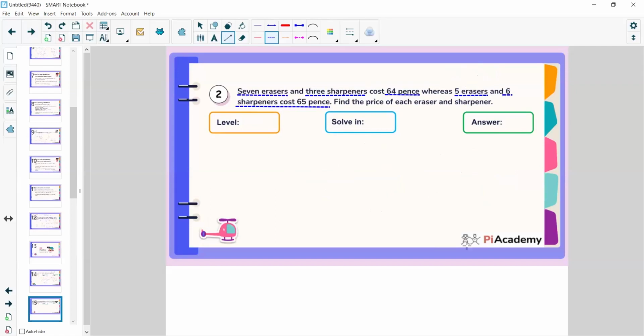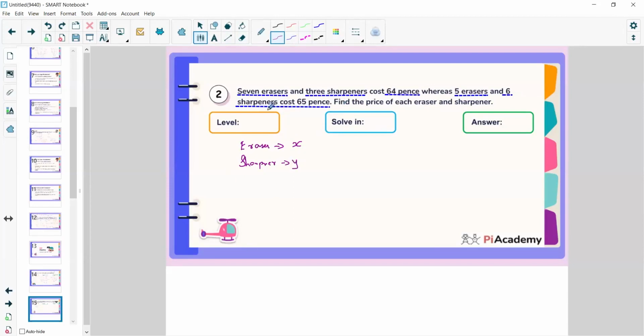Is this an algebraic problem? Yeah, this is an algebraic word problem. And what is given? We don't know two things. So what can be done? Let the cost of one eraser be x pence and the cost of one sharpener be y.